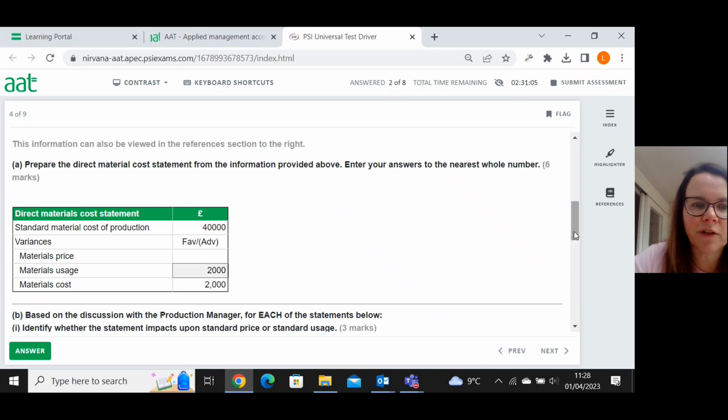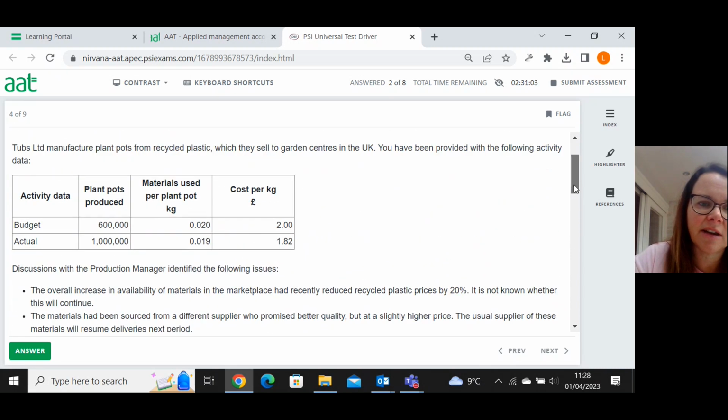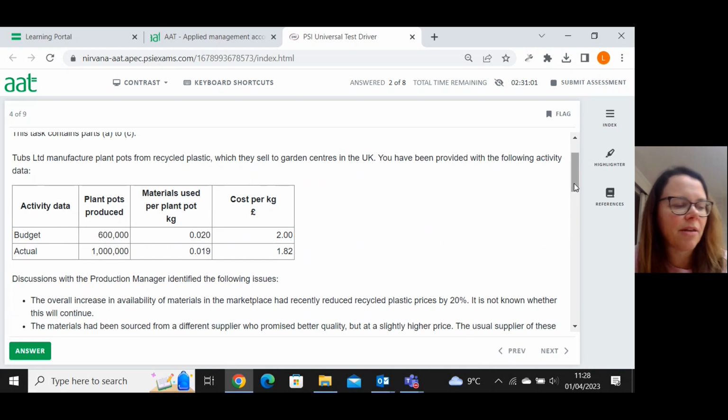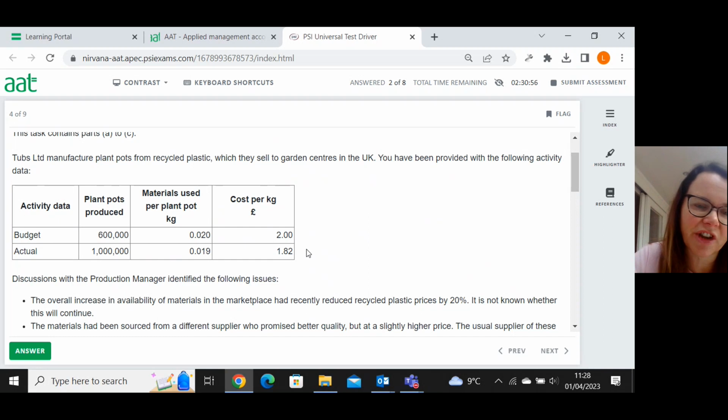Right, then we move on to the price variance. So I've just worked out that the actual quantity at the standard price was £38,000. But then I need to compare that to what I actually spent. So I actually did 19,000 kilos at £1.82 for each one. So that comes out at 34,580.